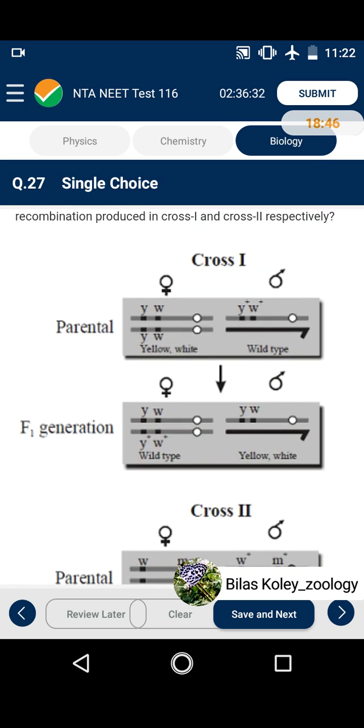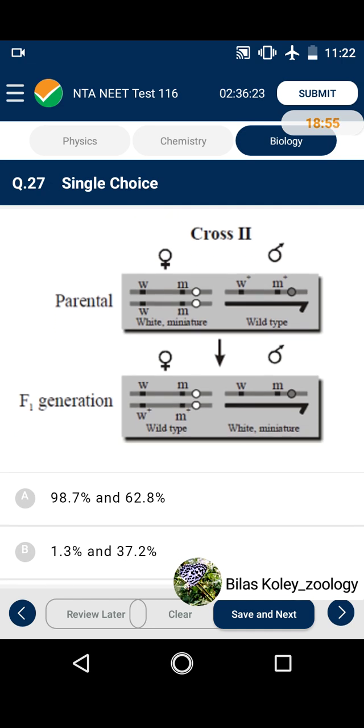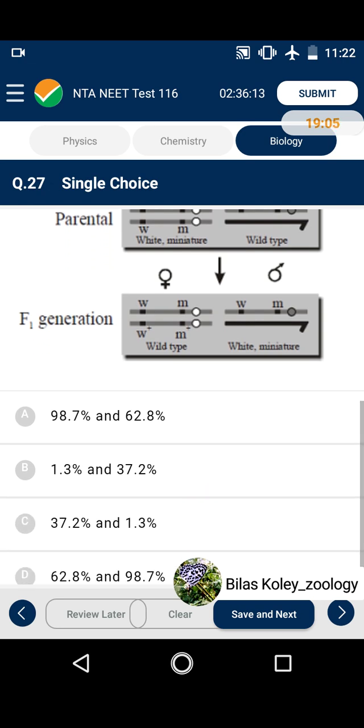There is first cross with parental and it gives the F1 generation, and then cross 2 parental and F1 generation. In this case, the right option will be option B.